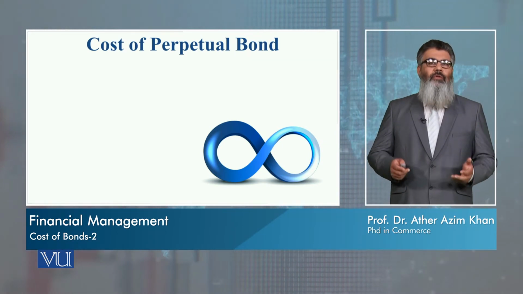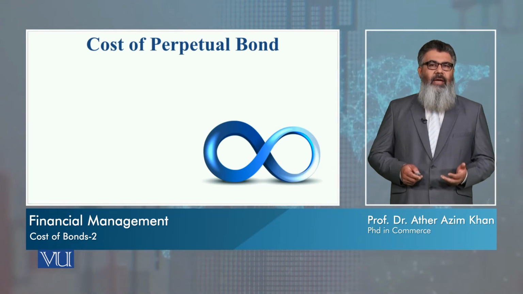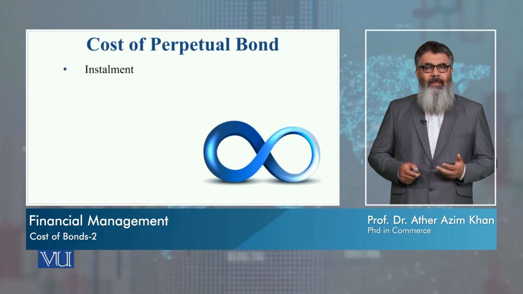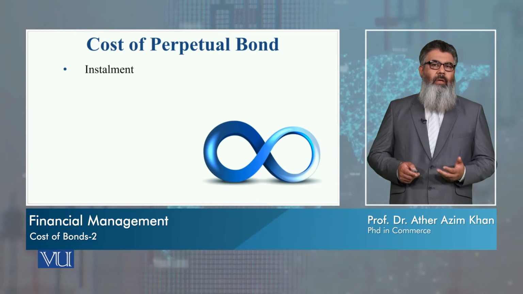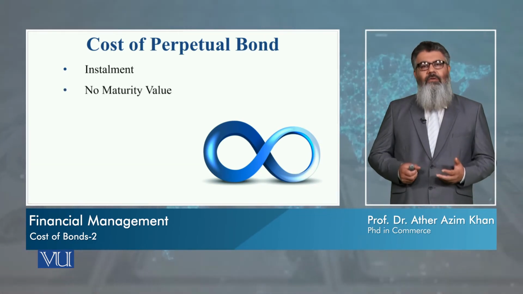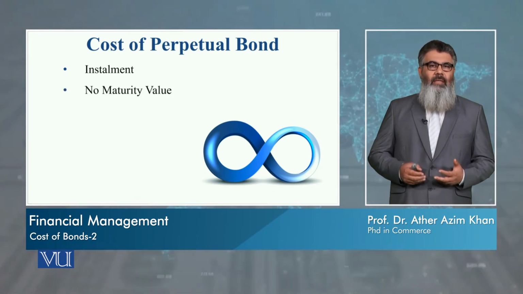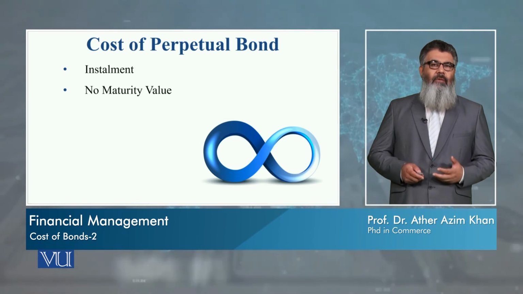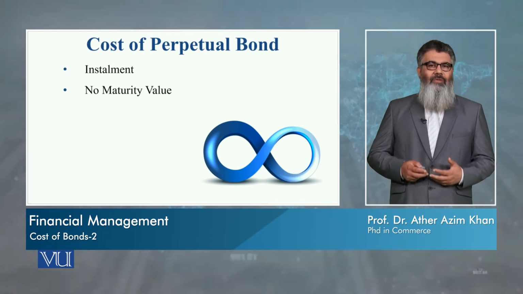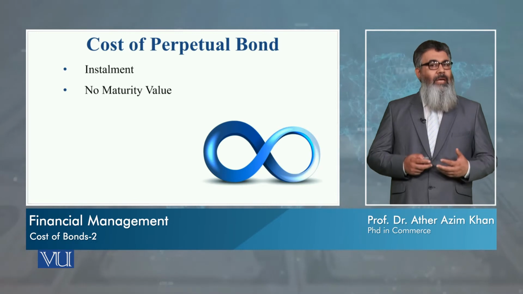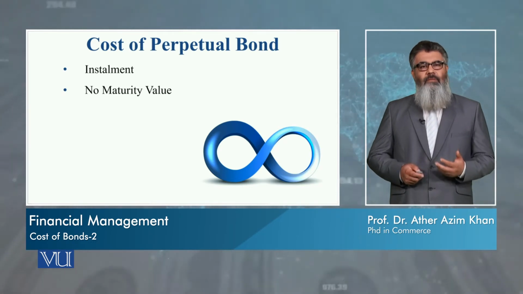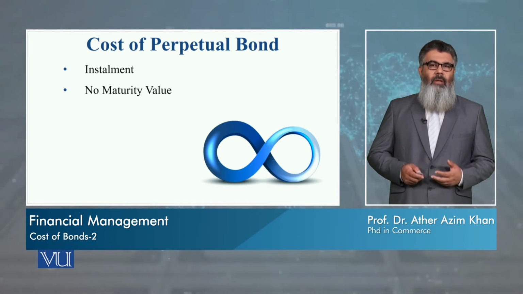So there is no maturity value. The only thing that an investor gets is installment or interest. Now, all we need to do is to discount that interest by applying the formula, and the rate at which the discounted values become equal to the market price is the cost of that perpetual bond.